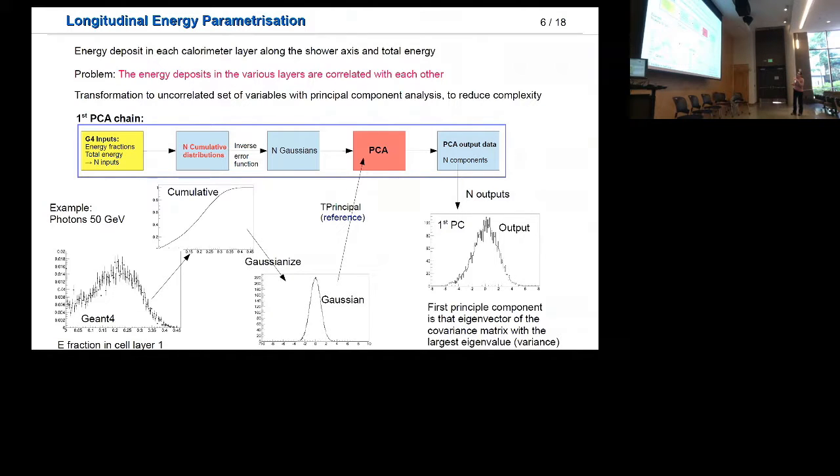We have implemented this chain basically by hand. We start with the Geant4 energy distributions, here given for photons in layer 1. We transform them into cumulative distributions, Gaussianize them, and feed those Gaussians into the TPrincipal class in ROOT, and this gives us a set of principal components which are now uncorrelated.